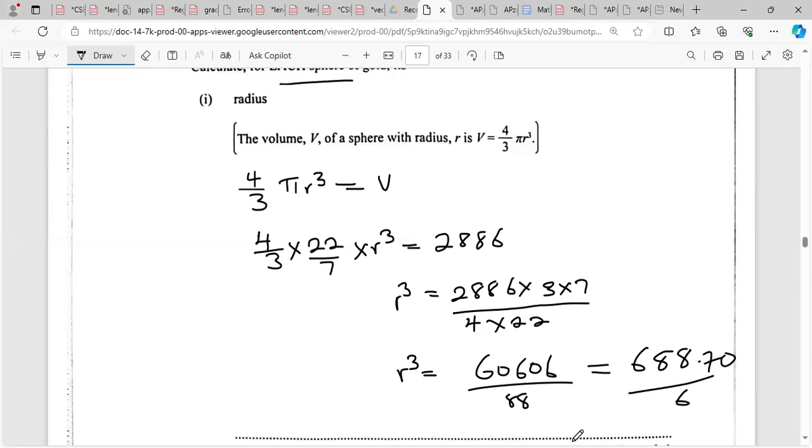Just put it on the calculator. 688.70 divided by 6 is 114.